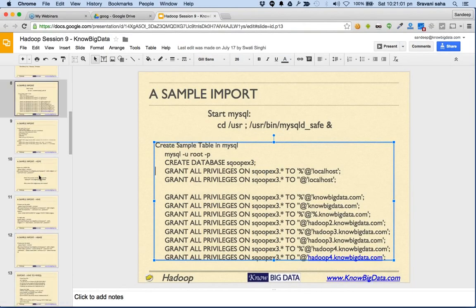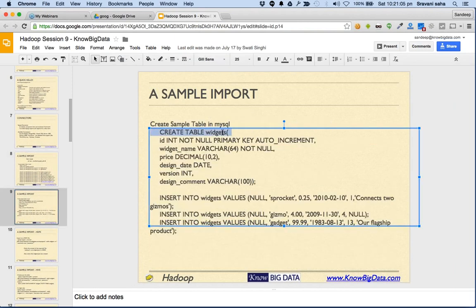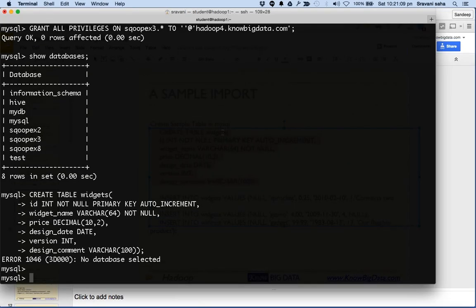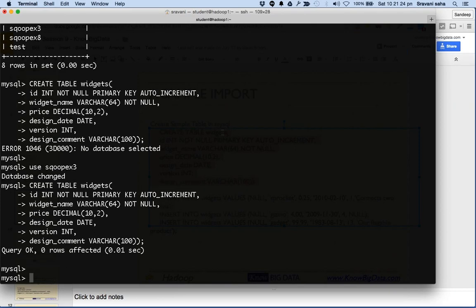Good. Next is, let's try to create a dummy table. Here is the dummy table we are creating in MySQL, and it says the database is not selected, so we can say use scoop ex3, and then you do the copy paste.